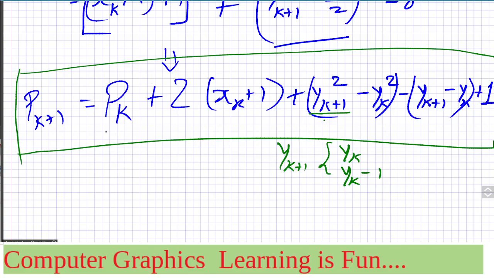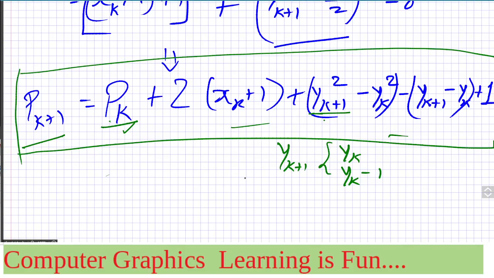Whether the value of pk was positive or negative. So now incrementally you want to get this pk plus 1 on the basis of these values of pk and xk and these values, right? Okay, so a few things you have to understand.